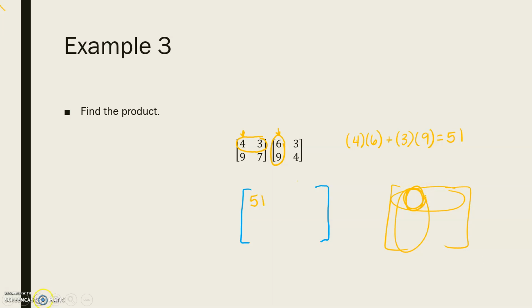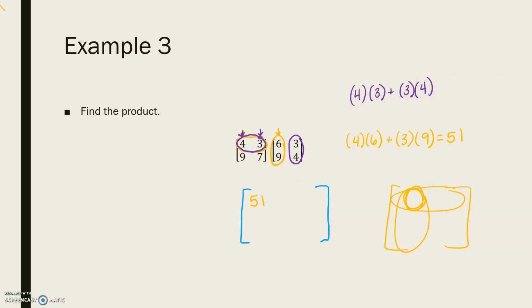All right. I'm going to repeat this again. Next, I'm going to look at the first row in the second column. So I'm going to do 4 from this 4 right here, and then this 3, 4 times 3, plus this 3 and the second 4.